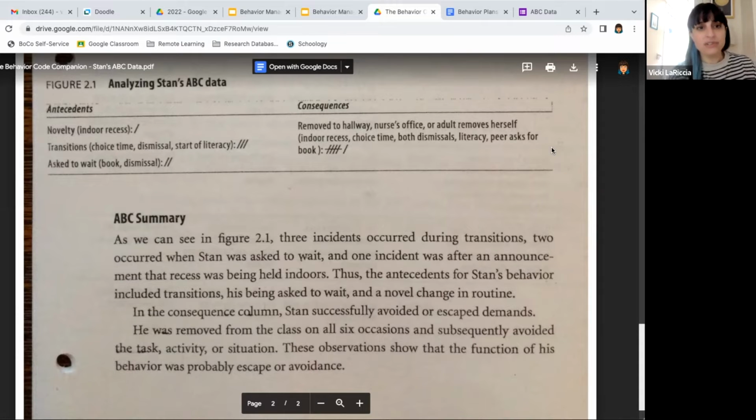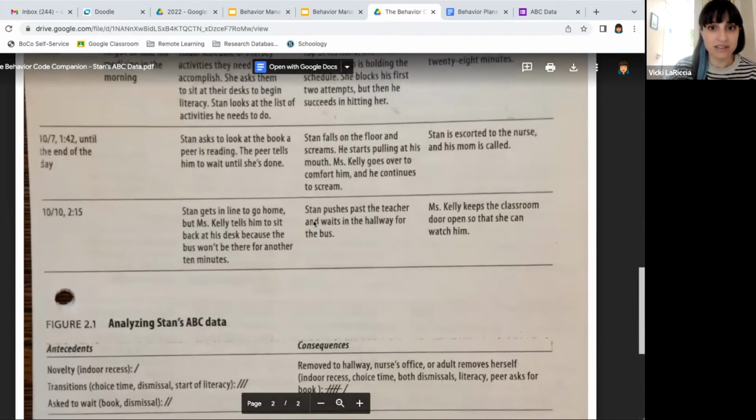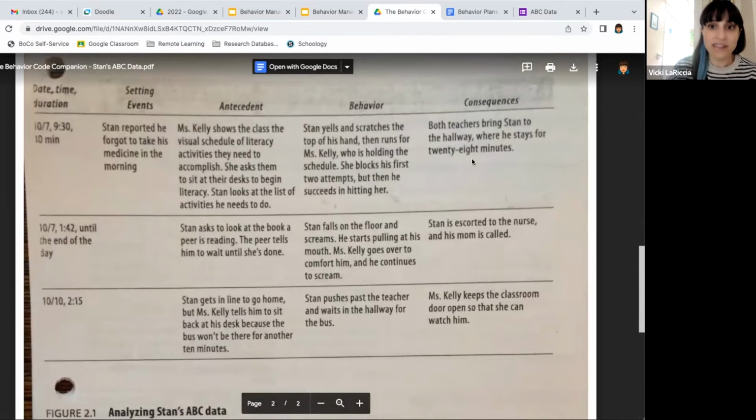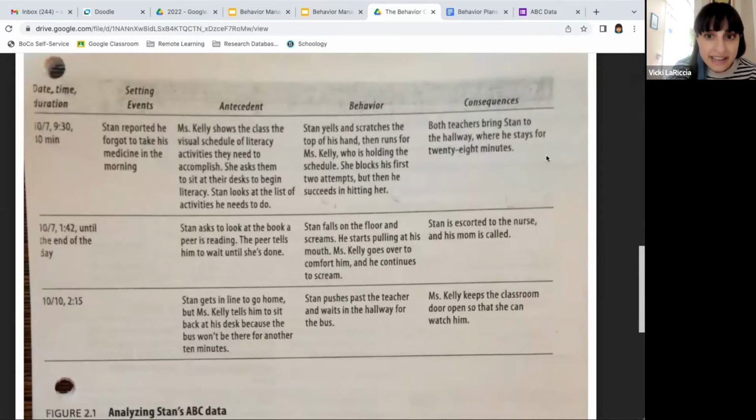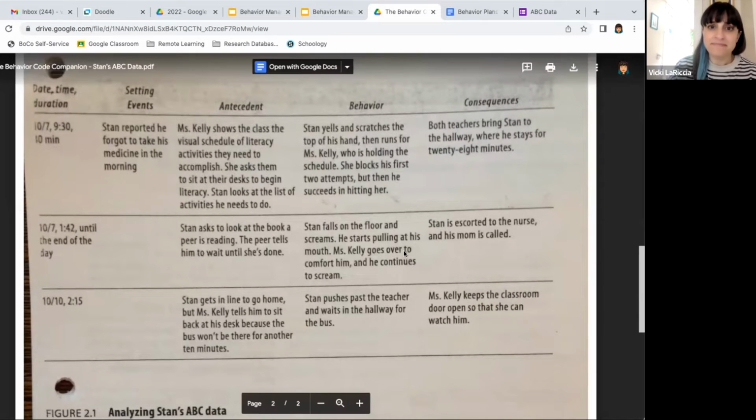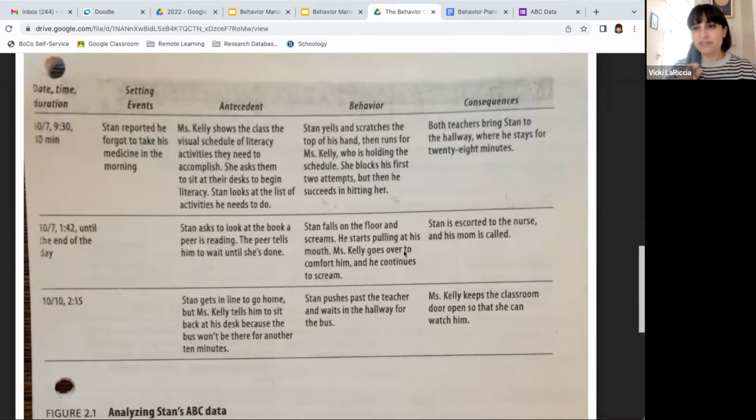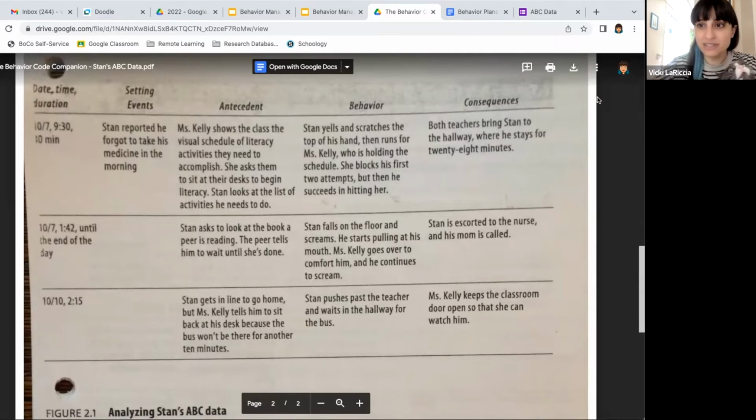So if the student has these really intense behaviors, that involve scratching himself, running away, biting, hitting, and we know that the student is doing this because they're trying to avoid a situation or escape from a demand, any idea how we might change the consequence?